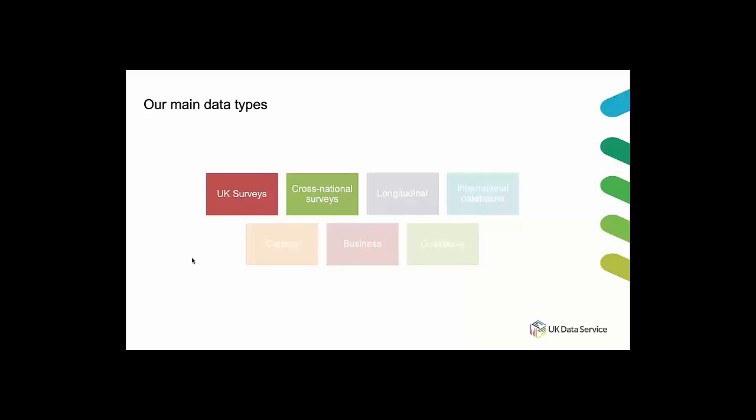We also have international datasets like the World Bank Development Indicators and also the United Nations Statistics. We have data also from the UK census in the form of aggregate, boundary, and flow data. We also have census microdata.